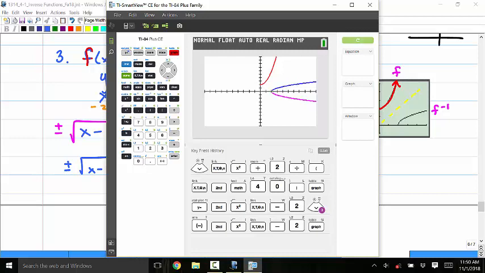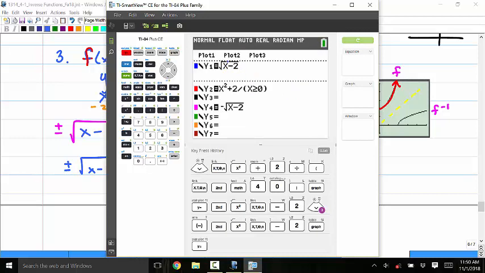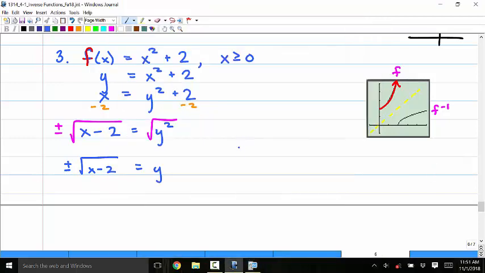Which one was that? That was the positive square root. So our inverse function is the positive square root of x minus 2. Right here.